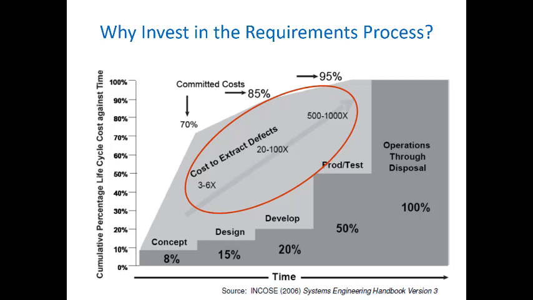All these decisions are made during the design phase. And that's basically what these numbers mean here, that we are going to commit ourselves to about 85% of the life cycle cost that will be incurred later on during the life cycle.